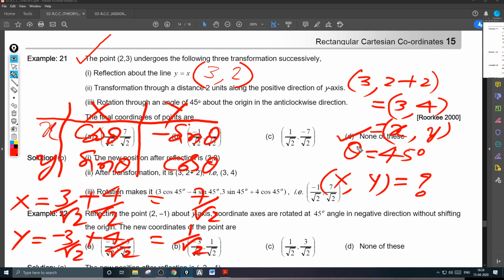He has taken small x, small y as capital X, capital Y. That is, he has taken the new coordinates. If you take this as new coordinates, you will get that answer, but these are the original coordinates. Okay?